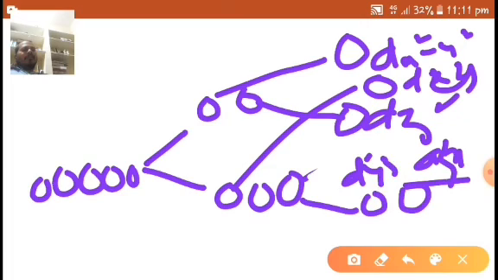So wherever z is there, their energy is decreased. So the order is dx square minus y square, dxy, dz square, and then dyz and dzx.